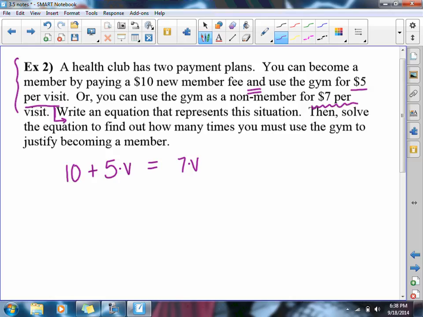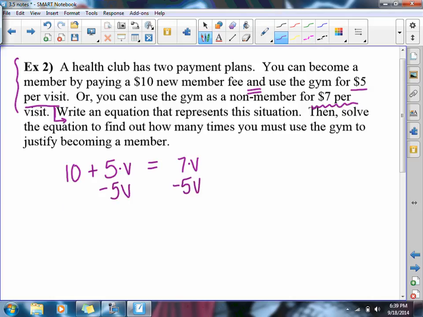Okay, so I have my variables on opposite sides of the equal sign, so I've got to get all my variables onto one side. Now the right side of the equation already has a V, and my left side of the equation has a V and a number. And 10 is my only number. So I'm going to leave the 10 there. I'm going to subtract the 5V over to the other side.